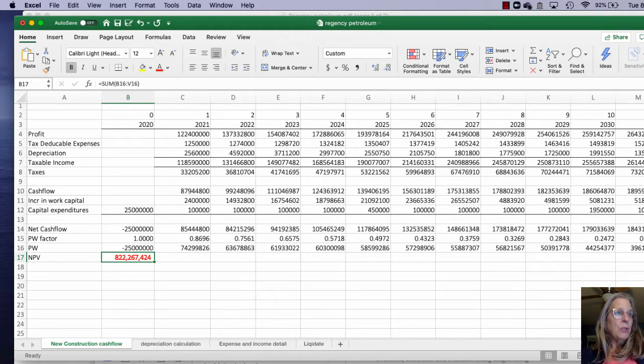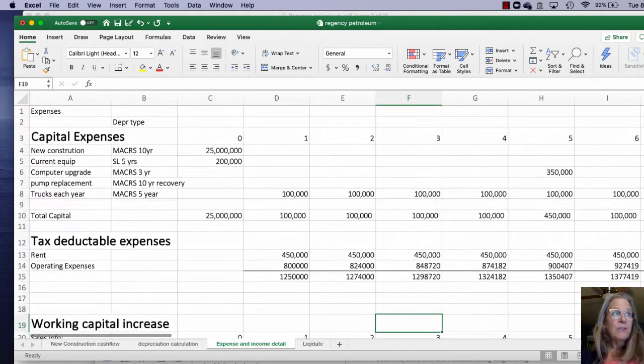Behind this, I've created a couple of spreadsheets that help calculate these numbers. I'm going to look at the expense ones first.